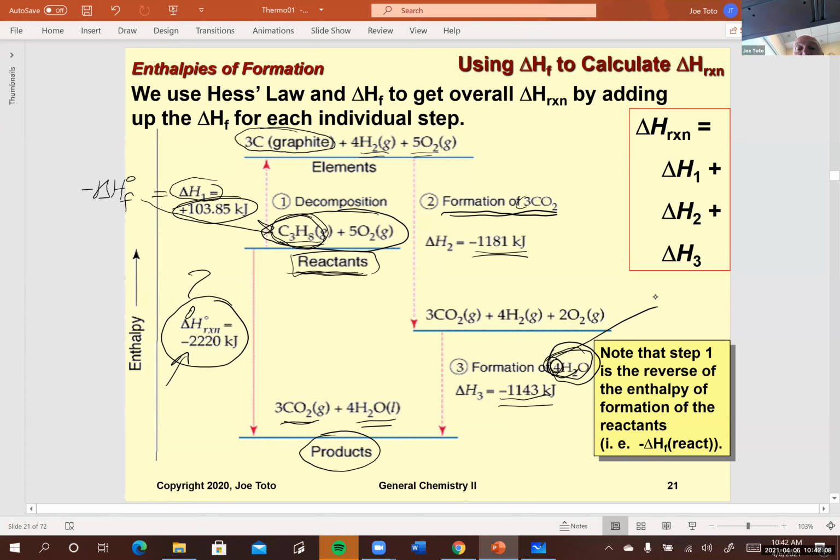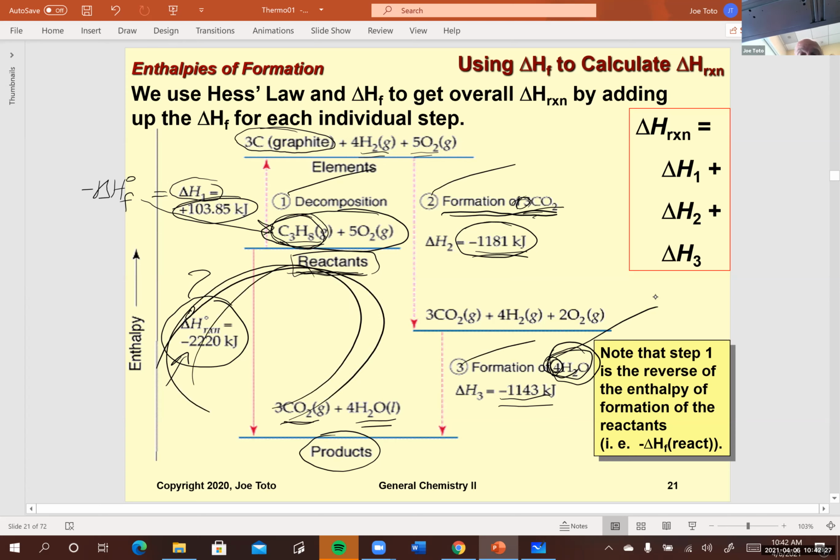All I've got to do over here is multiply the delta H of formation of CO2 by 3, and I get that value. And then Hess's law says all I need to do is add up all these steps, 1, 2, 3, to get the step that I want, which is the delta H of the reaction of the combustion of propane in oxygen to form CO2 and water.